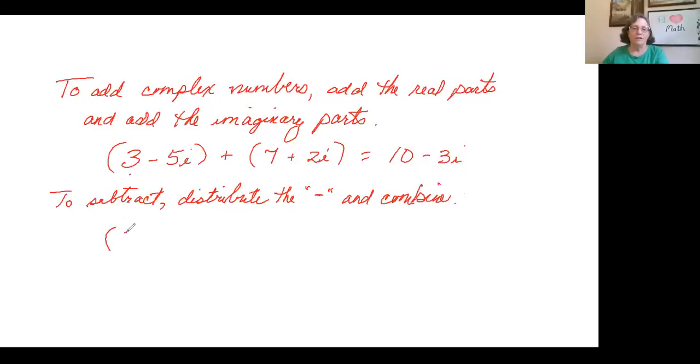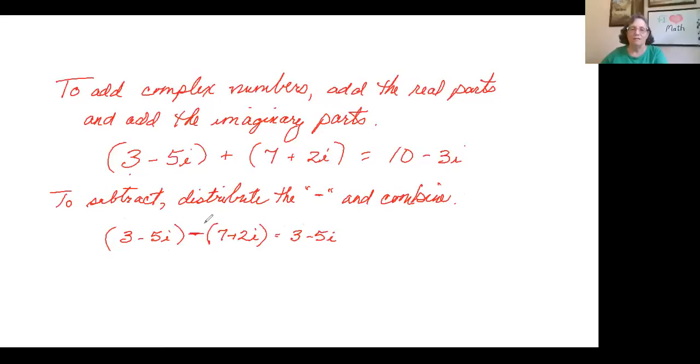So if we wanted to take 3 minus 5i and subtract 7 plus 2i, there's no negative in front of these parentheses, so they're just there for looks.